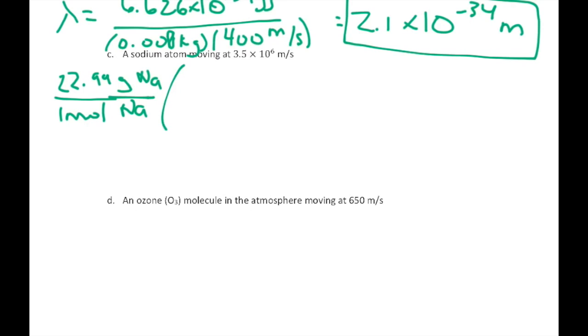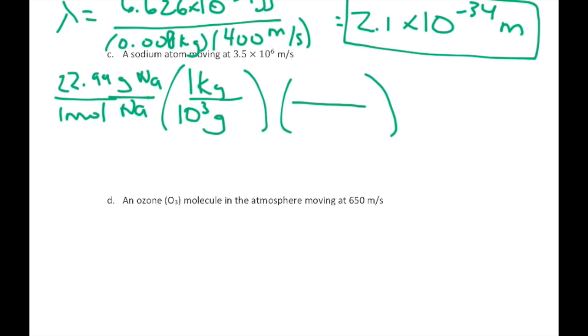Alright, so again, there's 10 to the third grams per kilogram. Alright, so now we need to use Avogadro's number to figure out how many atoms per mole. So 6.022 times 10 to the 23rd sodium atoms in 1 mole.